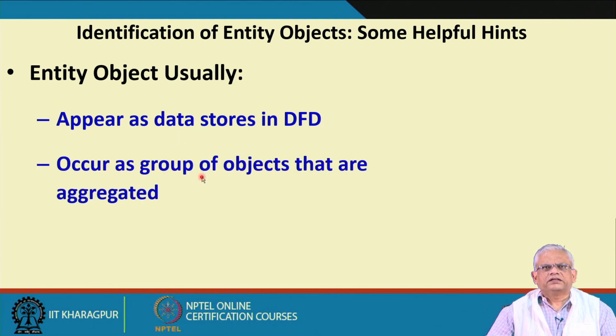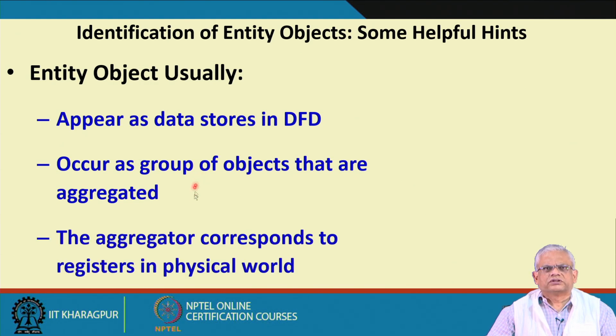Entity objects almost always occur in groups of a large number of objects, and these are aggregated, like a book register aggregates a large number of books. Typically we use something like a member register to aggregate the members, or a book register to aggregate the books, and therefore, those are also entity objects. We identify the books, there is a large number of them, and book is an entity object, and also a book register is an entity object.